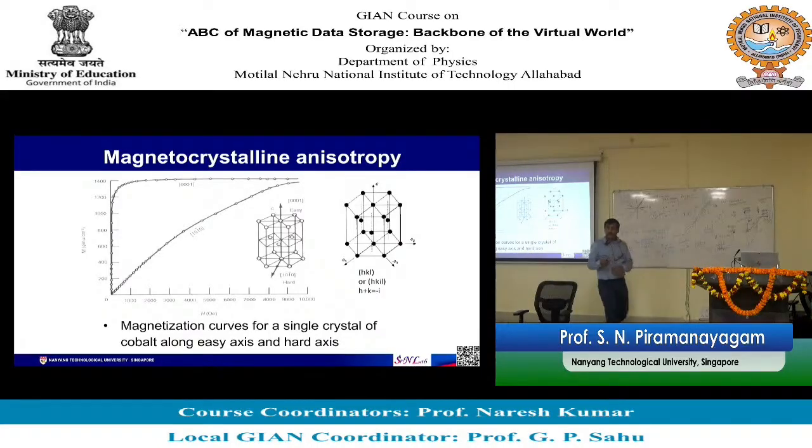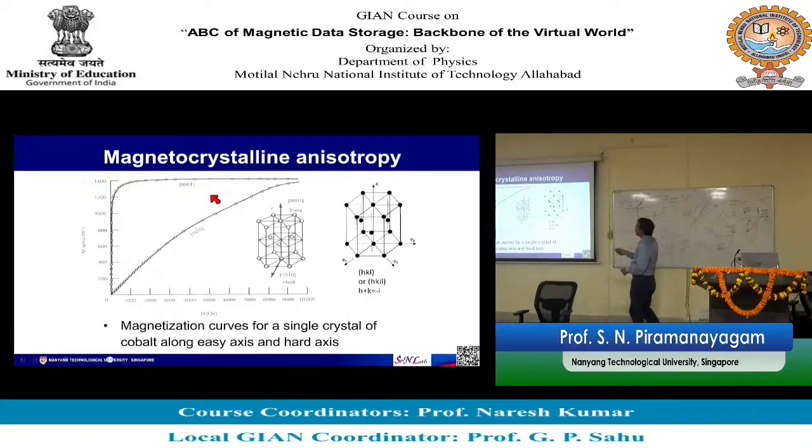Okay, so in the case of cobalt, the C axis is the easy direction. That means if you do not do anything, at remanence the magnetization of all these cobalt atoms will point in the easy direction. They will either point up, parallel to this, or point down, anti-parallel to this.